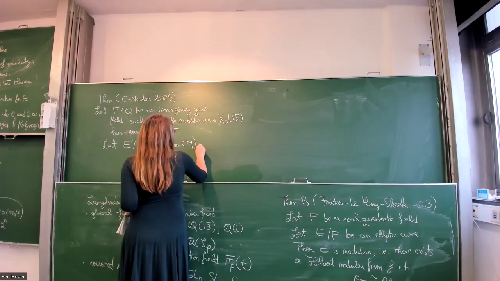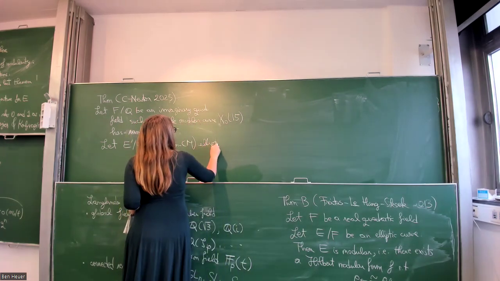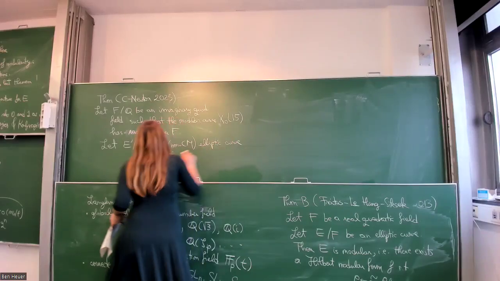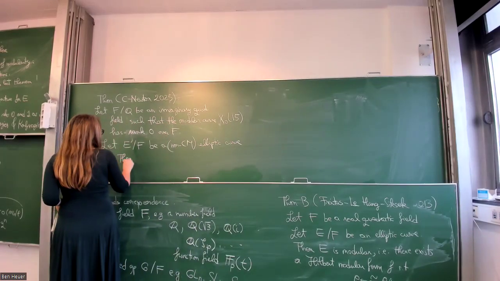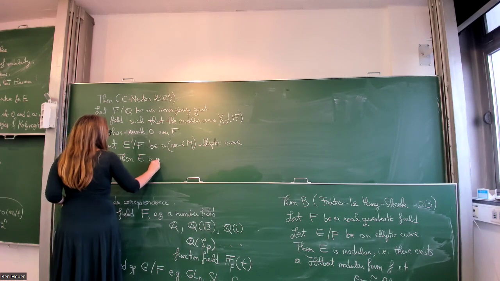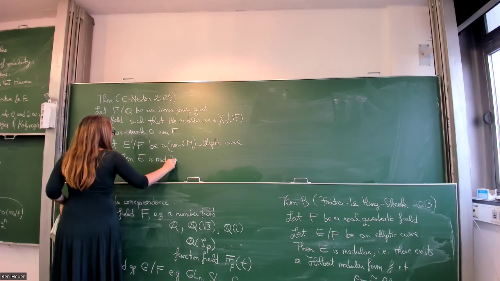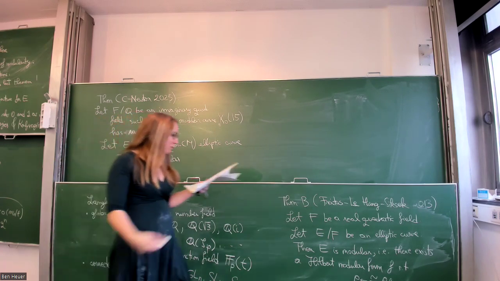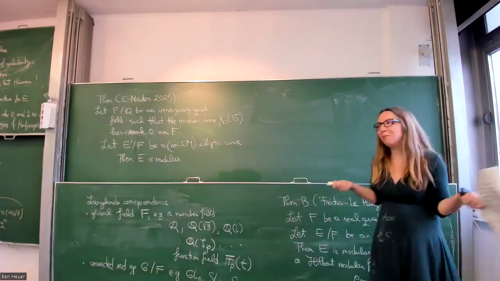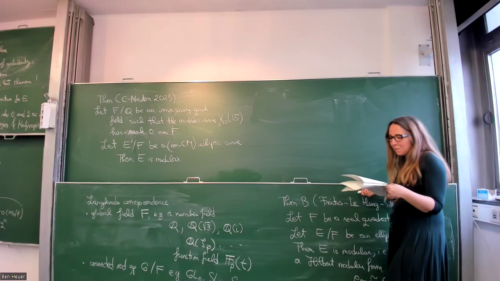So a non-CM elliptic curve, then E is modular. Okay, and I'm just going to, I guess, end with some remarks about this theorem.